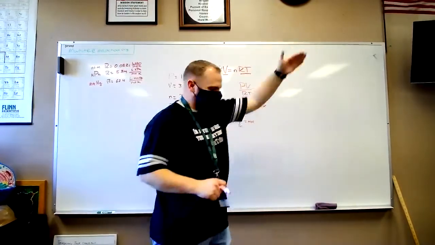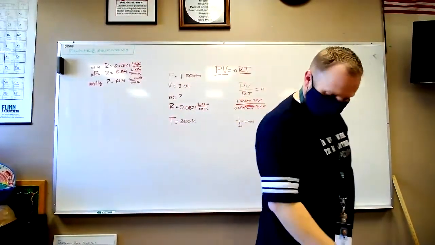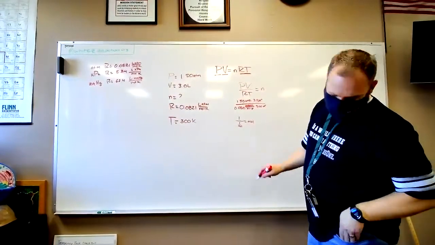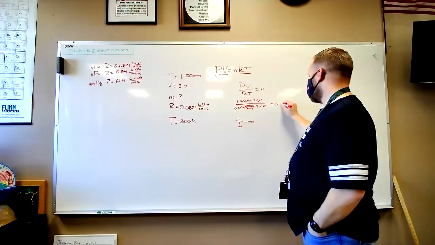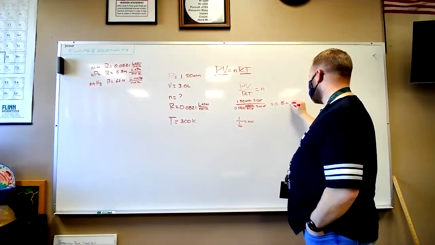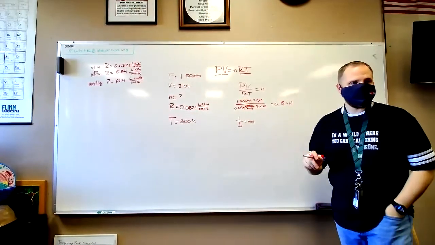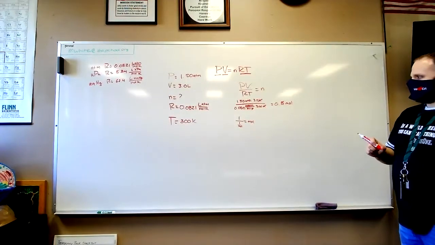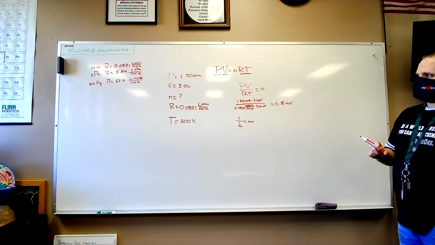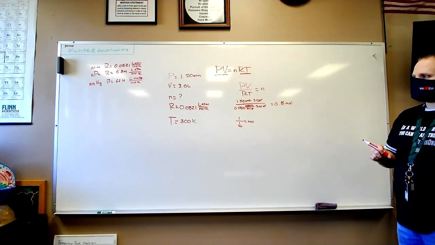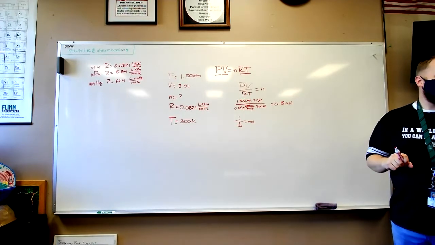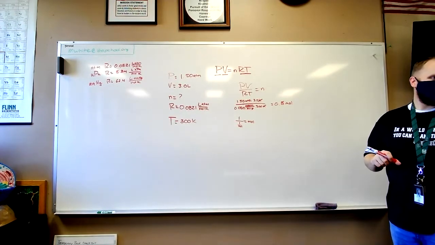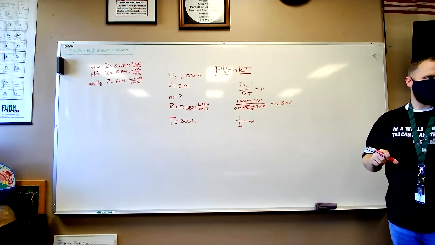Now we just throw those numbers into our calculator, and we get 0.18 mole. Does that make sense? Should we do another example?